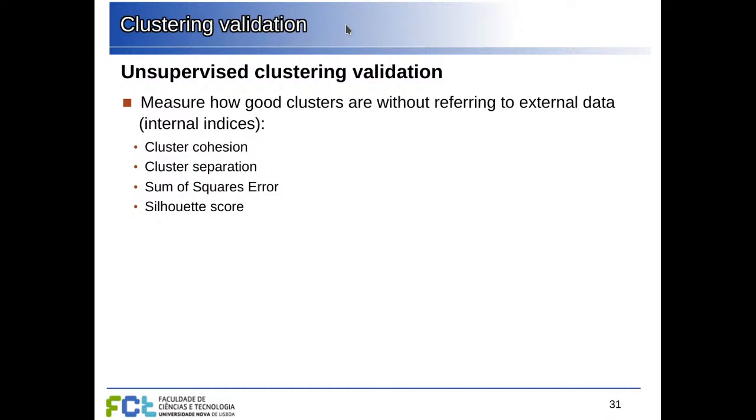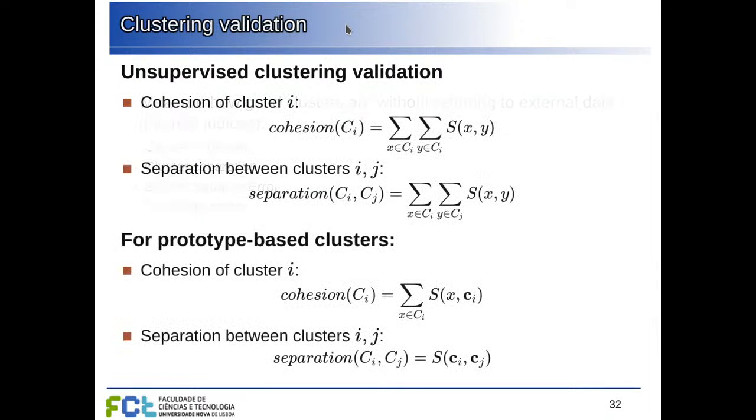Separation, how far apart the clusters are. Some measures of cohesion can be, for example, the sum of the squared distances or the square error within each cluster. And then we have this silhouette score that tries to look at cohesion and separation using Euclidean distances. So we'll see this as examples.